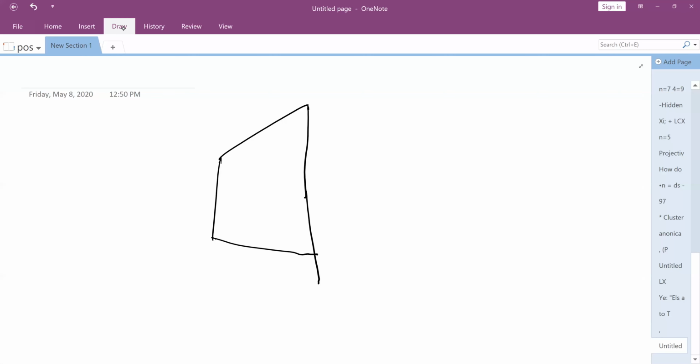You'll see why. I'm trying to make sure there's no parallel sides, and I'm failing constantly here. Here's a generic quadrilateral.